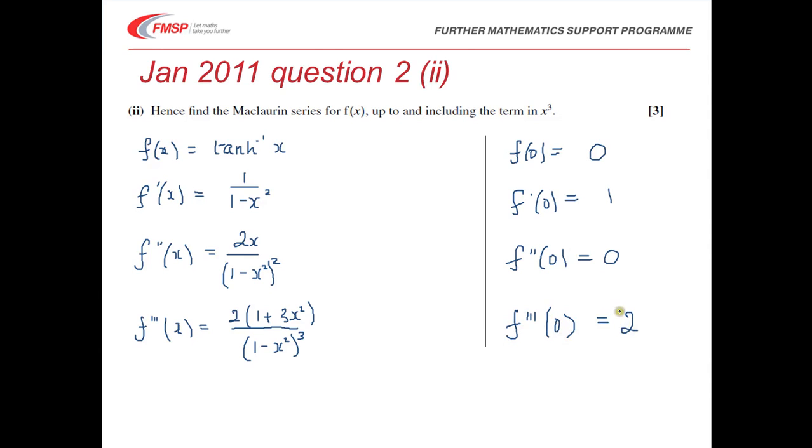So using Maclaurin's theorem then, tan to the minus 1 of x will be, remember the first term is f of naught, which is going to be nothing, and then the first term is going to be x, because we have one lot of the first derivative when x is naught, and then the next term is going to be 0, and then we're going to have two lots of x cubed over factorial 3.